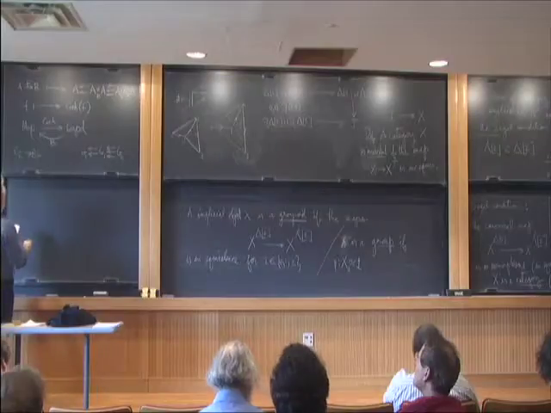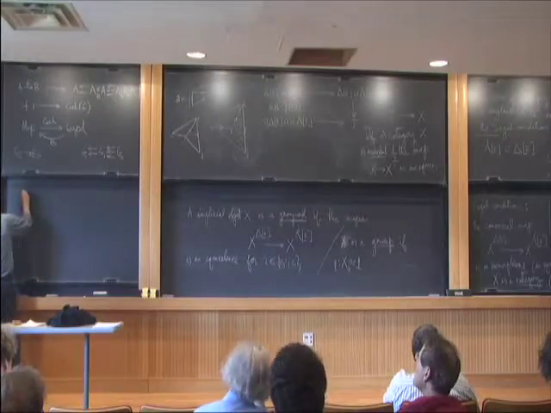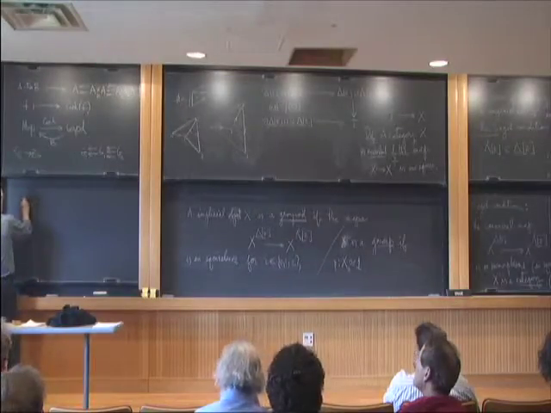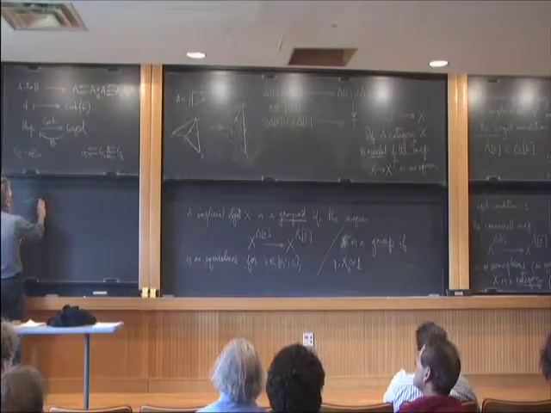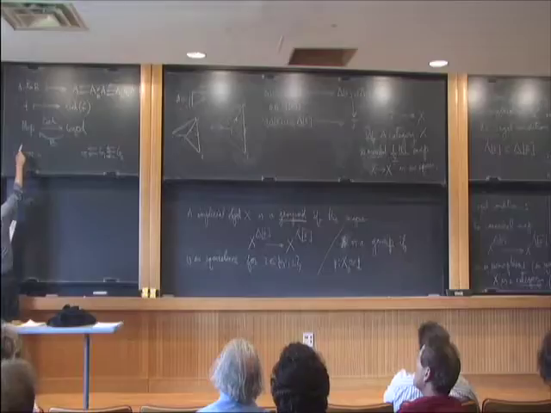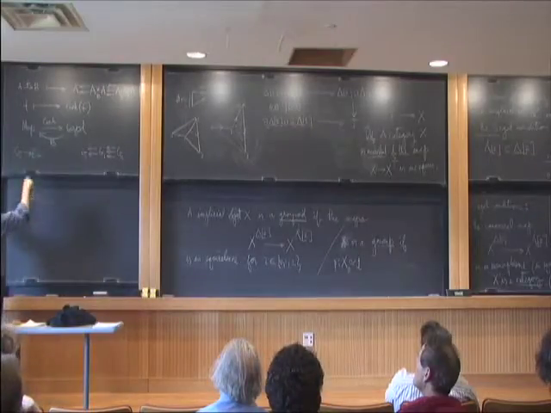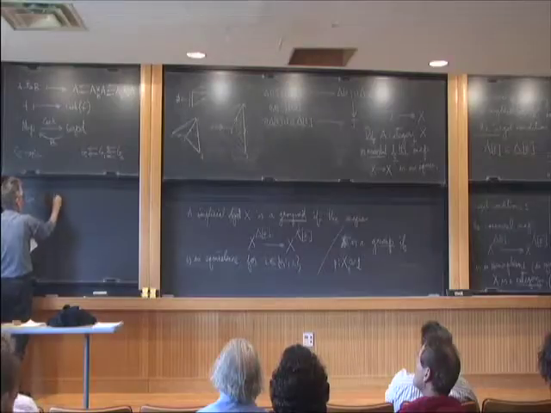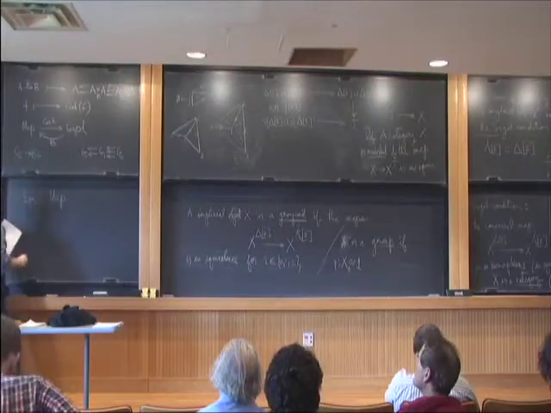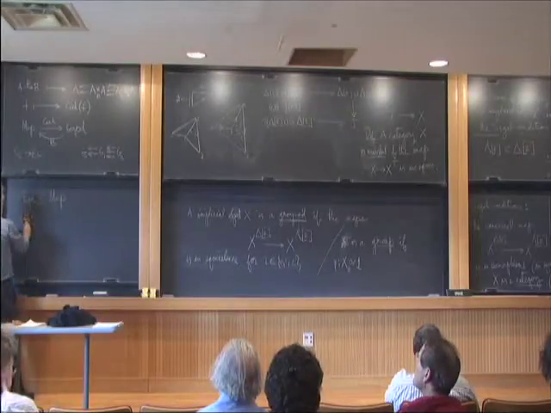And now, a basic result is that if you replace map, the category of maps, I mean, map is the category whose objects are maps and morphisms are commutative squares. If you replace maps by epimorphism, then you get actually an equivalence.